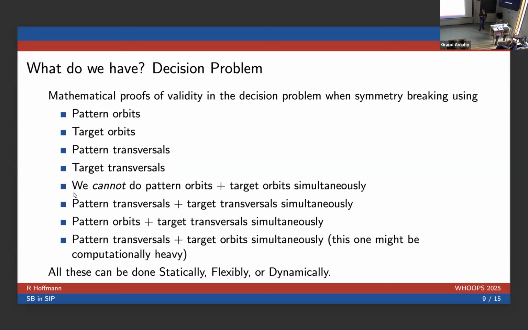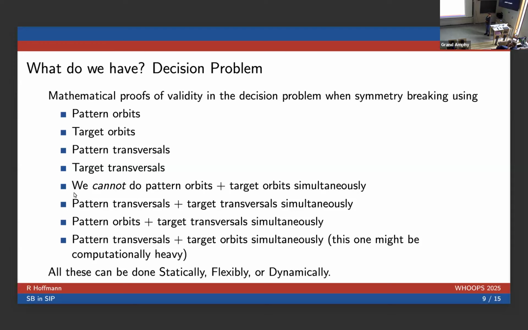With the static one, we just calculate the assignment order and do all that reasoning before we start the search. With flexi and dynamic, we do it during search whenever an assignment comes in.